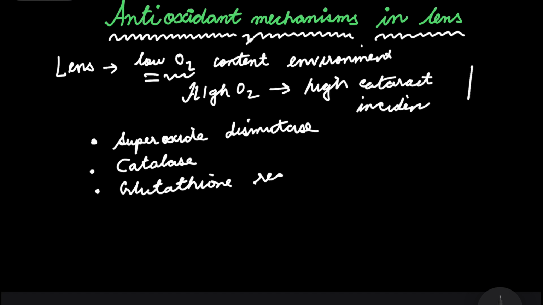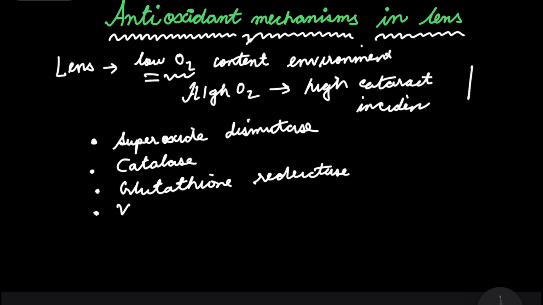All of these will come across when we talk in detail about metabolism in biochemistry. Obviously, this is a biochemical topic at its core, right? We're talking about antioxidant mechanisms. Anyways, these are three enzymes which are very much related to antioxidant mechanisms in the lens.